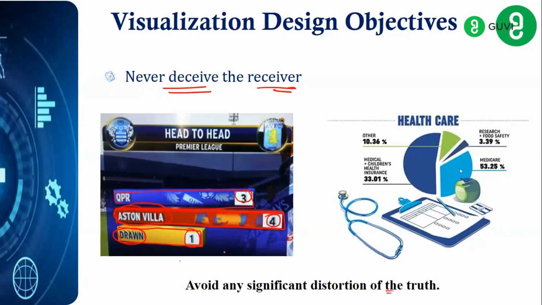But this is not a good visual, right? Based on the value only, this quantity should impact the bar size, bar length. Yes or no?